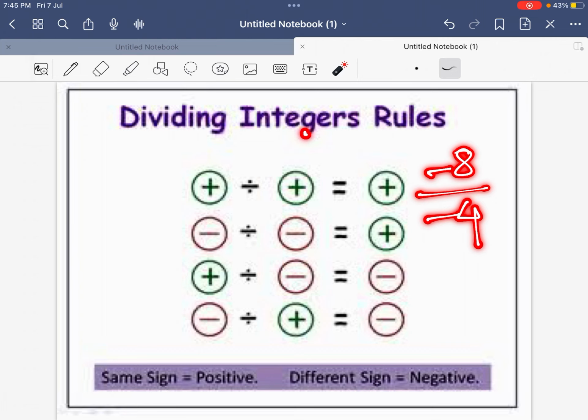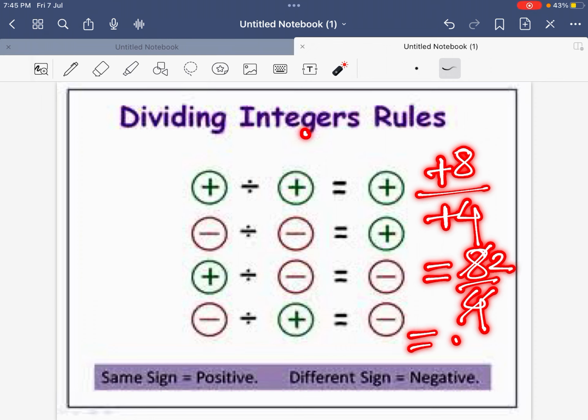So in this case this minus and this minus will cancel each other, so we get only 8 upon 4. So once again simplify this, 4 ones are 4, 4 twos are 8, so your answer is 2, which is a positive number. Clear hai? So likewise we have to solve the questions.